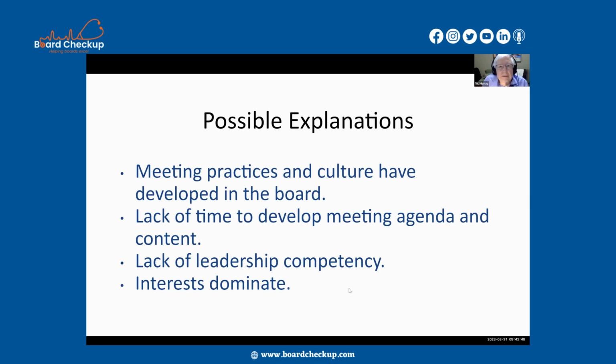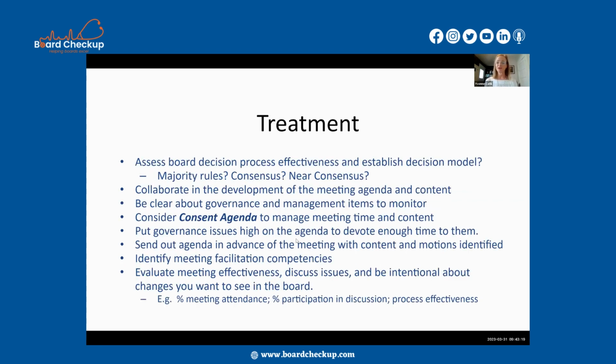Yeah. All right. So we know there are issues. There are lots of different explanations. If you were analyzing your meetings, you can develop your own theories about why the board behaves the way it does, or the practices it's developed historically, including what you could improve upon. So we'll just get into some of the treatments.